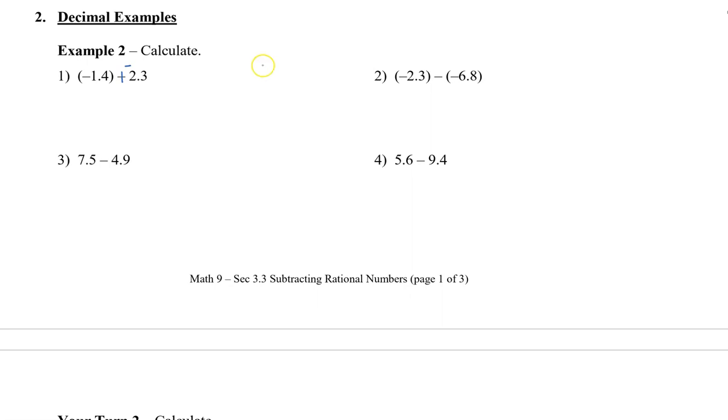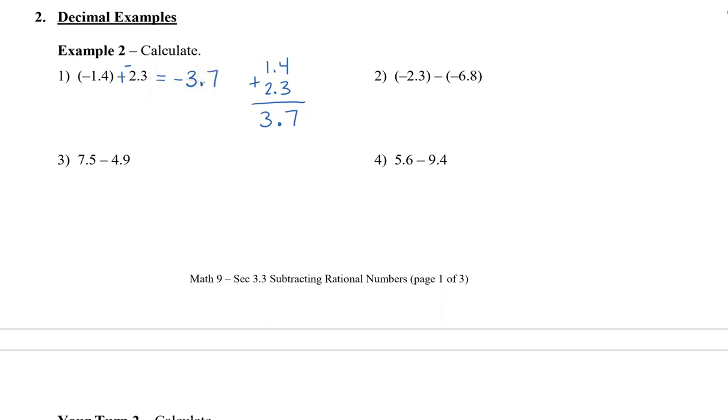Recall that because both are negative, we can simply add the 2 numbers together. Here we have 7, bring the decimal down, and then 1 plus 2 is 3. So we have 3.7, but because we have negative plus negative, we're going to have more negative, so it's -3.7.